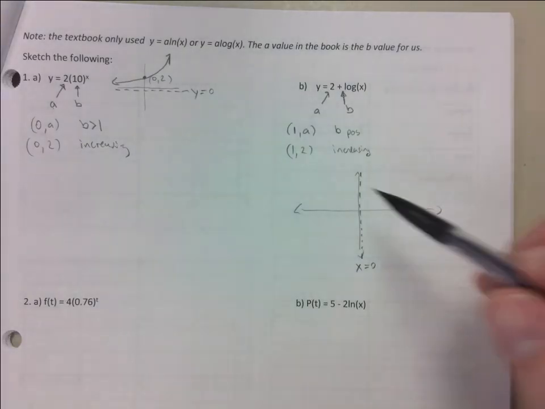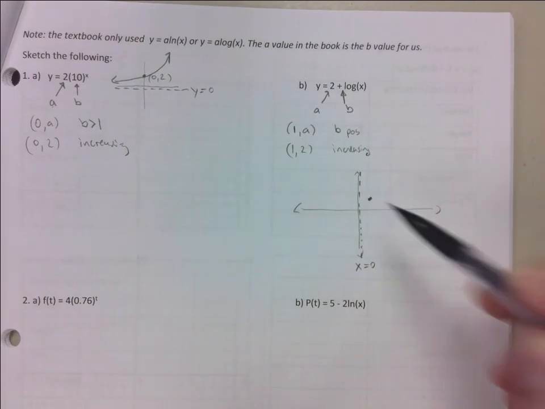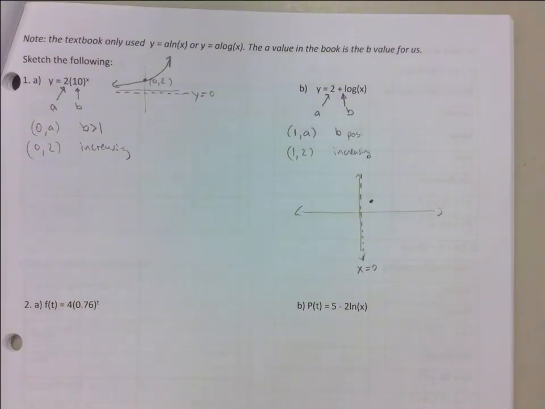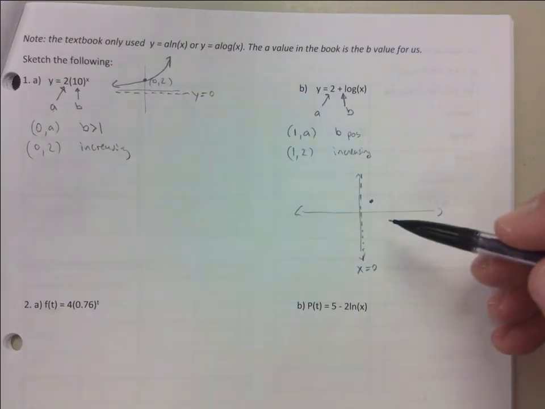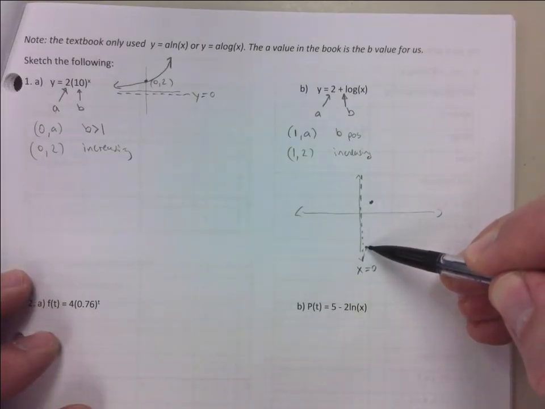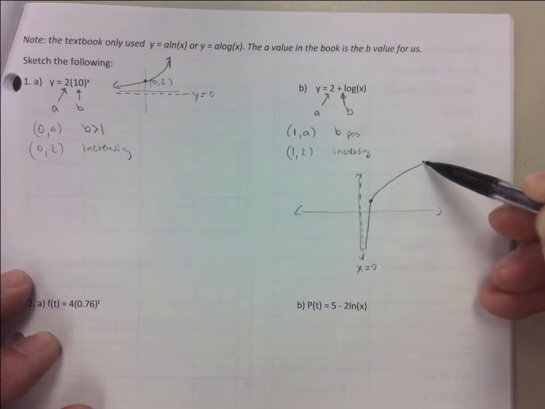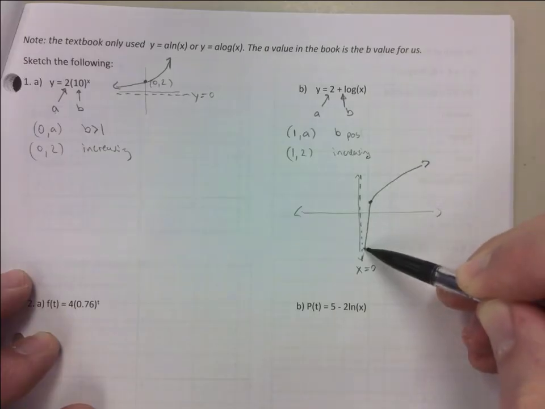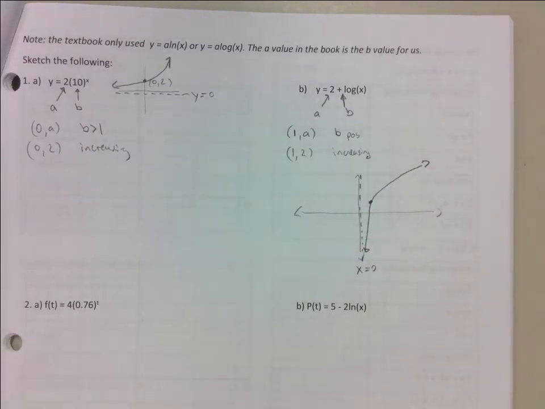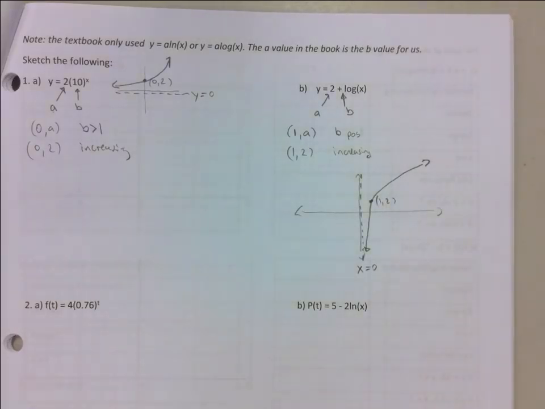So to help me out, I'm going to use this point. 1, 2 is right about there. It does have an x-intercept. I just don't know what it is right now. It'd probably be a good idea to include that, but I know that it's going to come from here, cross that point, and then go this way, increasing from left to right. This is the point 1, 2.